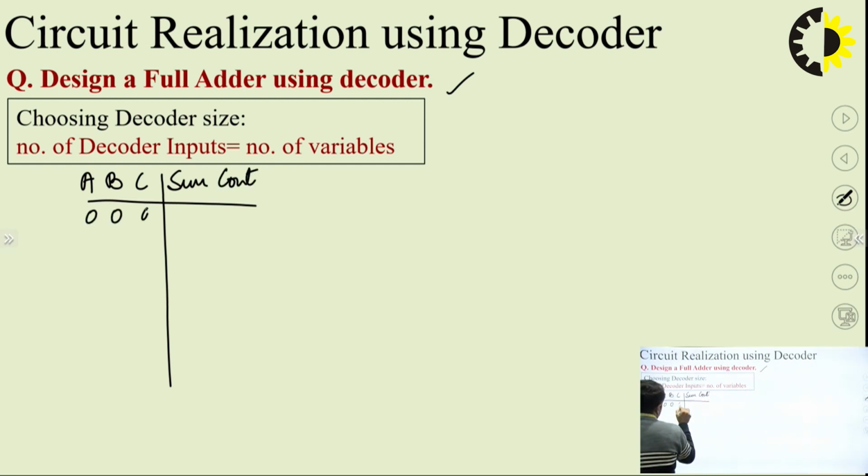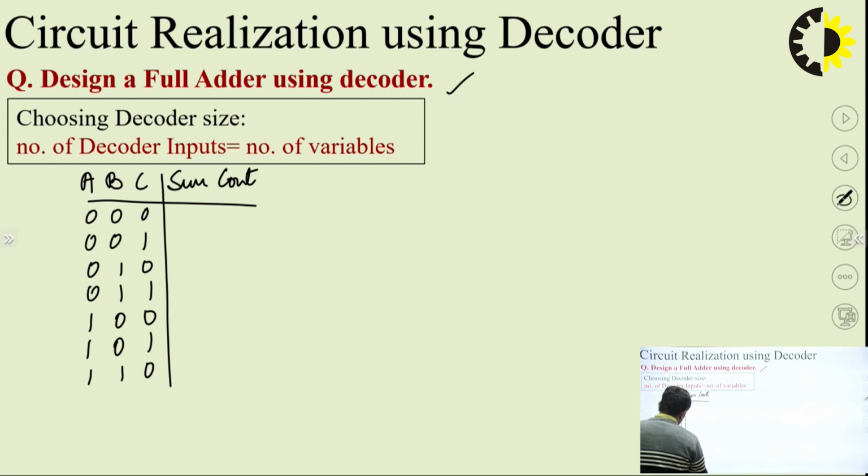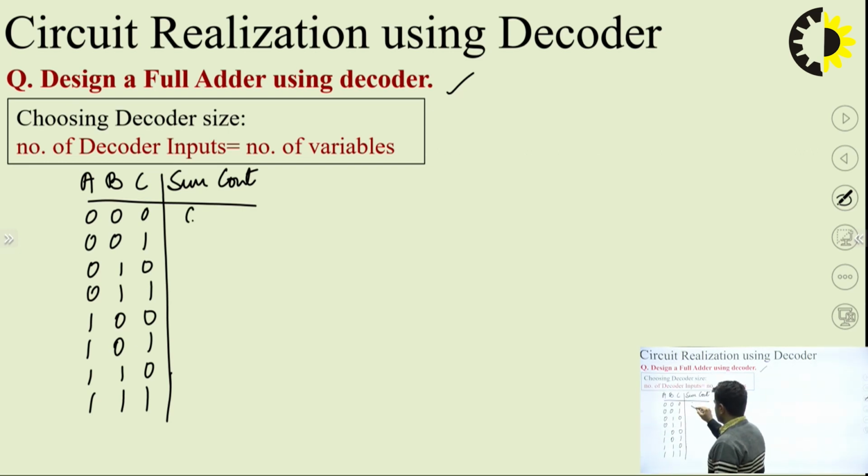So the 3 inputs are 000, 001, 010, 011. These are the possibilities, 100, 101, 110 and 111. And if we add them, for 000 sum is 0, carry is 0; sum is 1, carry is 0; sum is 1, carry is 0; sum is 0, carry is 1; sum is 1, carry is 0; sum is 0, carry is 1; sum is 0, carry is 1; last case 111, sum is 1, carry is also 1.